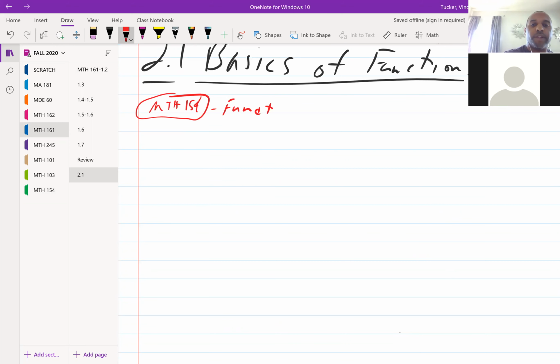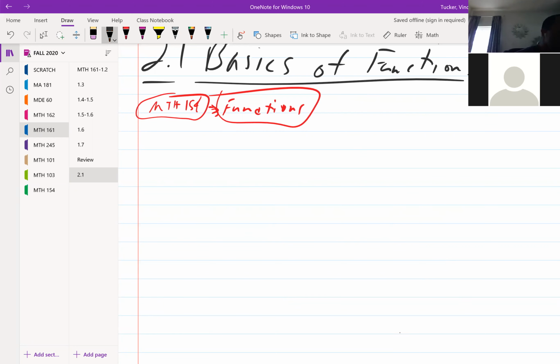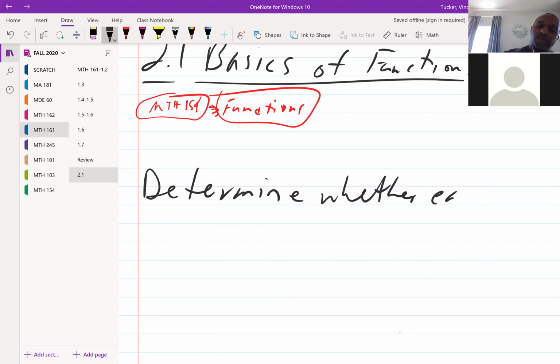And what's in red right here is just a note to myself, so it's not for you guys. All right. So let's go here: determine whether each equation.